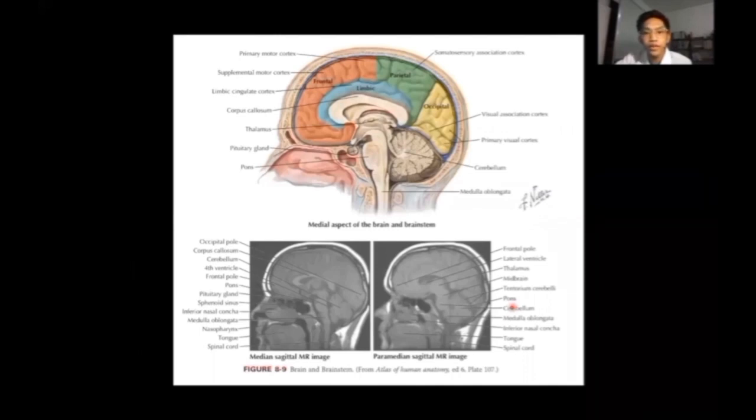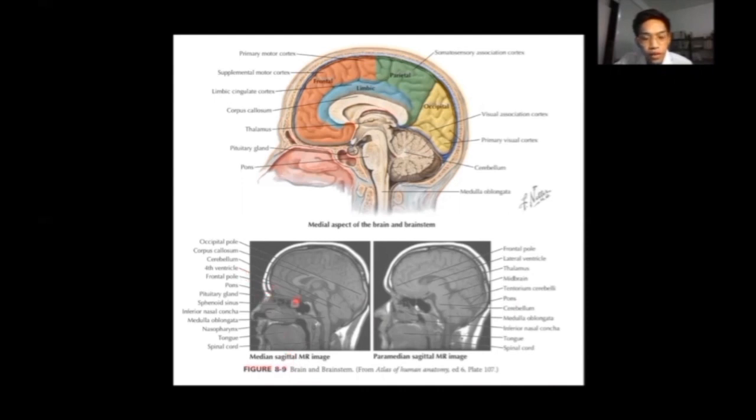So to finish this lecture, we have a picture here of the anatomy of the brain. As we discussed, to summarize, we have the pons here, we have the medulla oblongata, the cerebellum, which we said is the size of a tennis ball. And below we have an MR image of the median sagittal part of the brain.